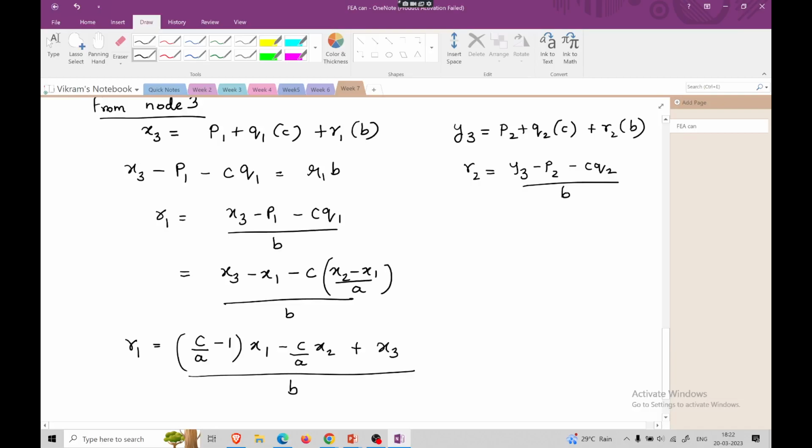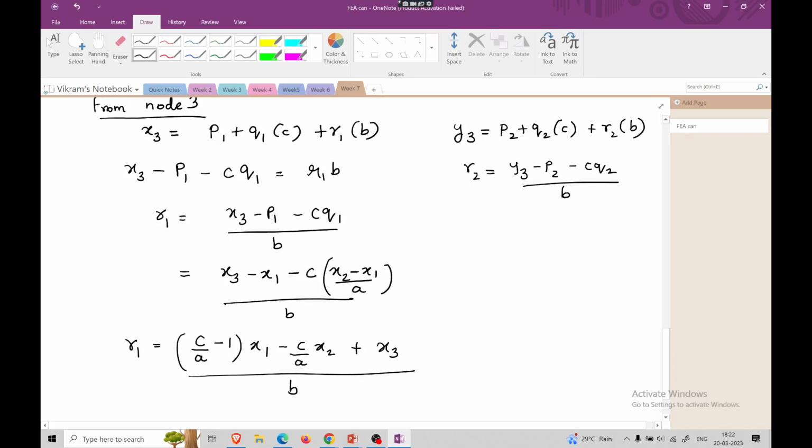R2 is nothing but c by a minus 1 into y1 minus c by a times y2 plus y3 by b. So from this equation we have got p1, q1, p2, q2, r1 and r2 also. So finally we substitute everything here and get x and y as a function of s and t.